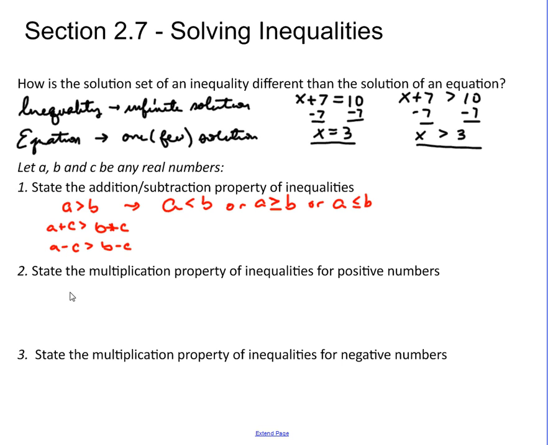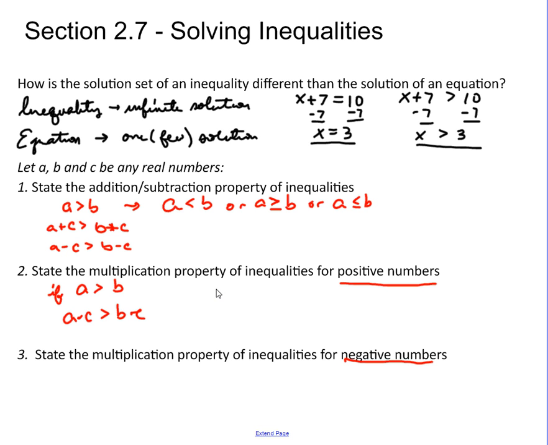Another rule, we have a multiplication property. Now, we have to differentiate when it comes to multiplication between positive and negative numbers. So let's state it for positive numbers first. This rule states that if A is greater than B, or less than B, or greater than or equal to B, or less than or equal to B, then A times C would be greater than B times C. We know this to be true because let's get a really basic example.